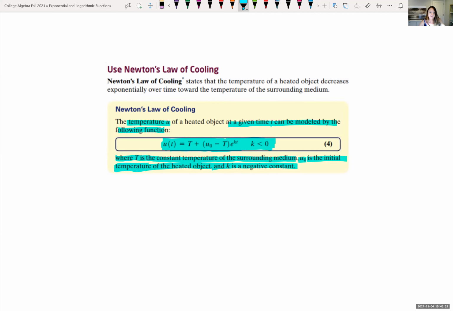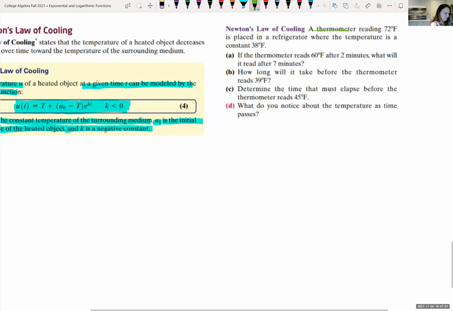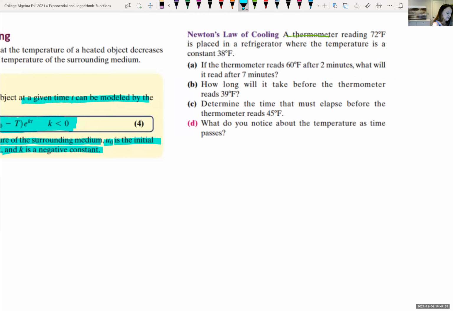So I think we might have time to do one of these. Okay, so in this problem, a thermometer reading 72 degrees Fahrenheit is placed in the refrigerator where the temperature is a constant 38 degrees Fahrenheit.